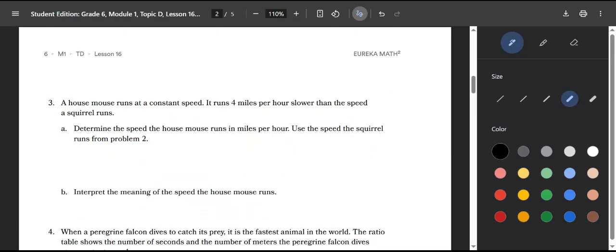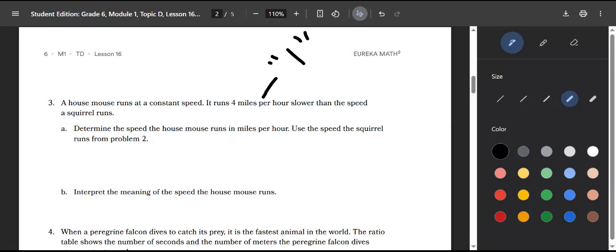Let's look at number 3. A house mouse runs at a constant speed. It runs 4 miles per hour. Per means for every one. So that's for every 1 hour. Slower than the speed a squirrel runs.